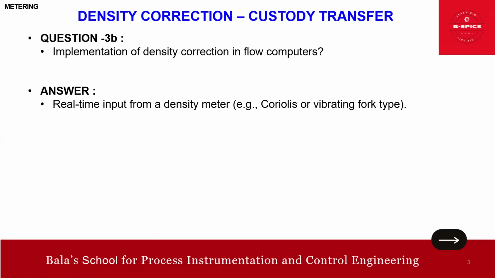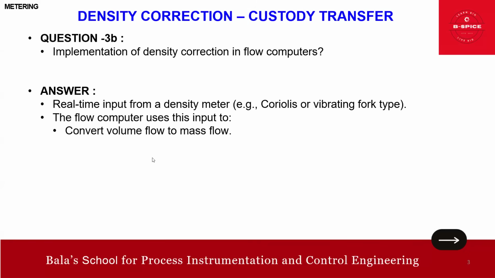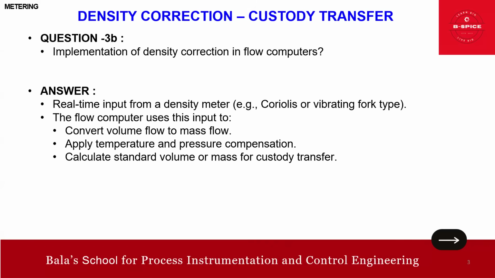Real-time input from a density meter, which could be a Coriolis or vibrating fork type. The flow computer uses this input to convert the volume flow into mass flow, apply temperature and pressure compensation, and calculate the standard volume or mass for custody transfer.